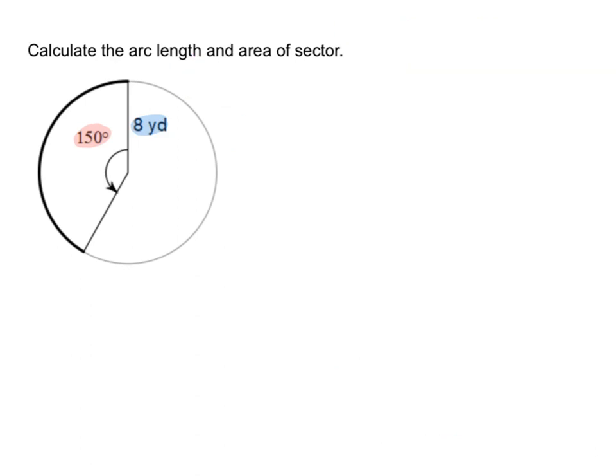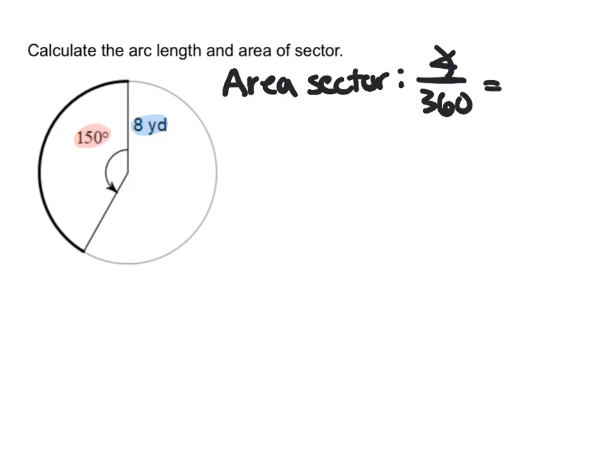Now for the area of the sector, remember we use the angle over 360 equals the area of the sector over the area of the circle. So the angle is still the 150 we identified before.